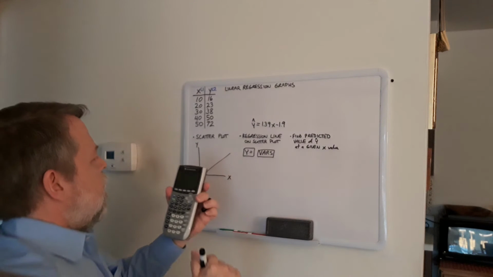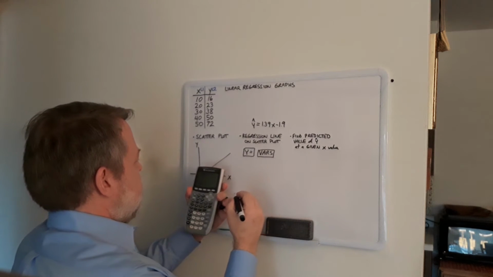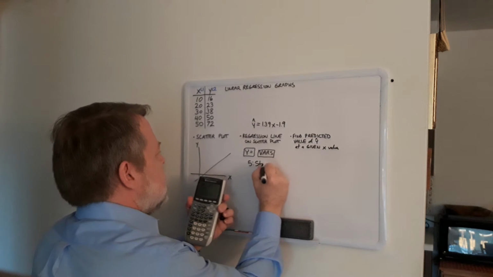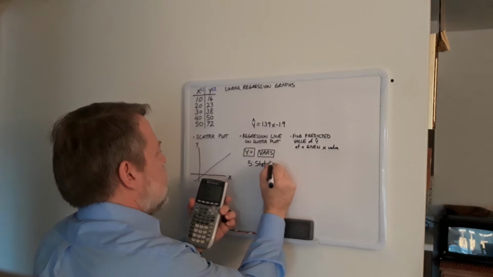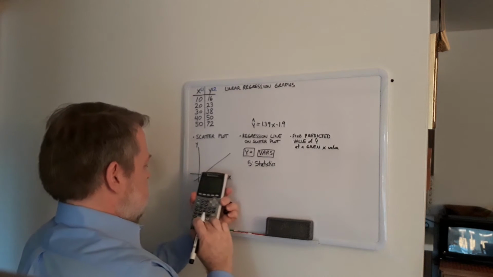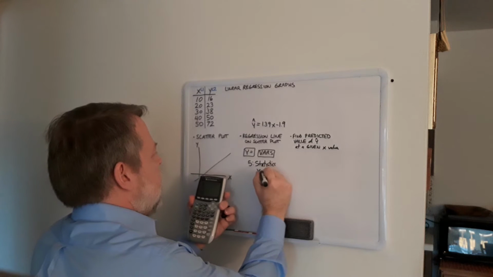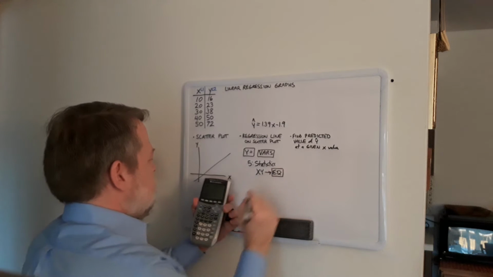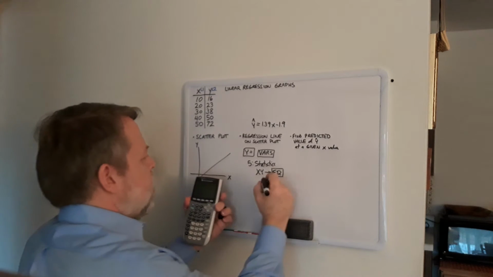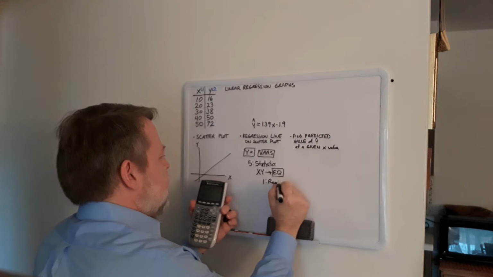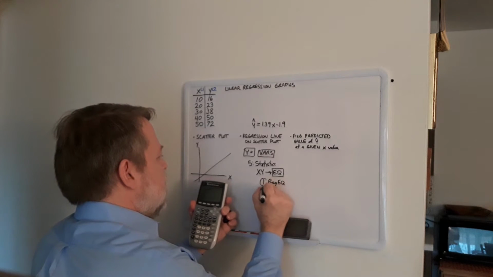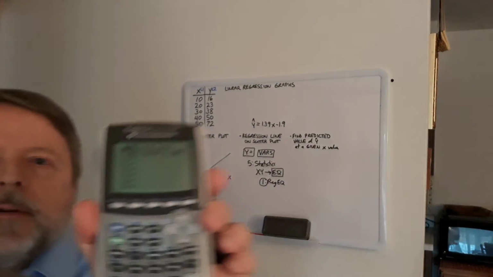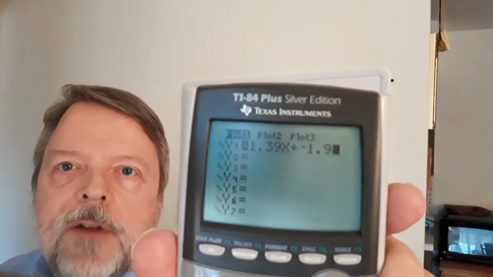We will then want to press 5 for statistics. Once we do that, we will have an XY at the top of our menu. We want to go to the right and highlight the EQ for equations. That will leave us choice number 1 is RegEQ, regression equation. We want to choose that. That will cut and paste on our screen here the regression equation.